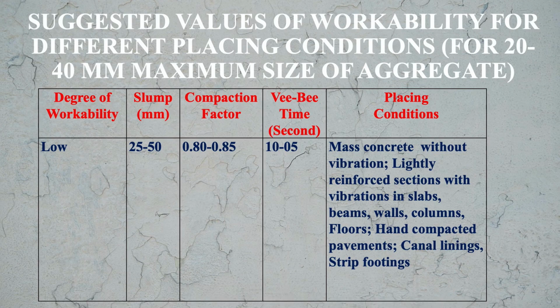Such concrete is used for mass concreting without vibrations. Also, you can use this concrete for lightly reinforced sections with vibrations, such as in slabs, beams, walls, columns and floors. This concrete can also be used for hand compacted pavements.